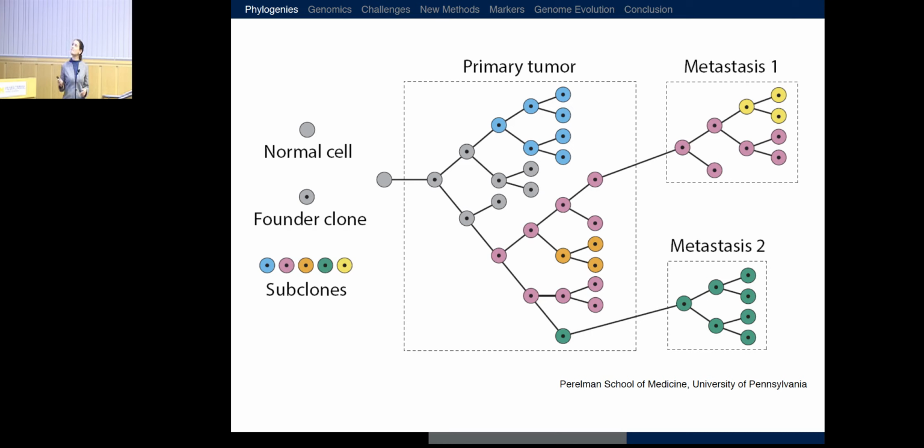You have a bunch of individuals, and out of those individuals, you have one individual that goes somewhere else and evolves into a new population or new species, depending on what time scale you're thinking about. So cancer at the small scale, all the way up to evolution at the large scale, we need some way to understand how these cells or how these species are related.